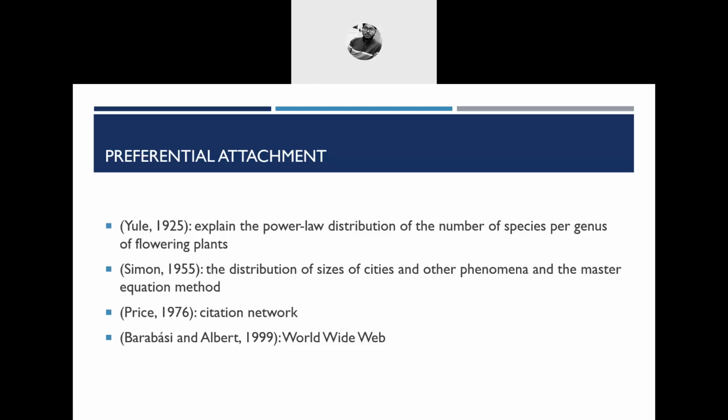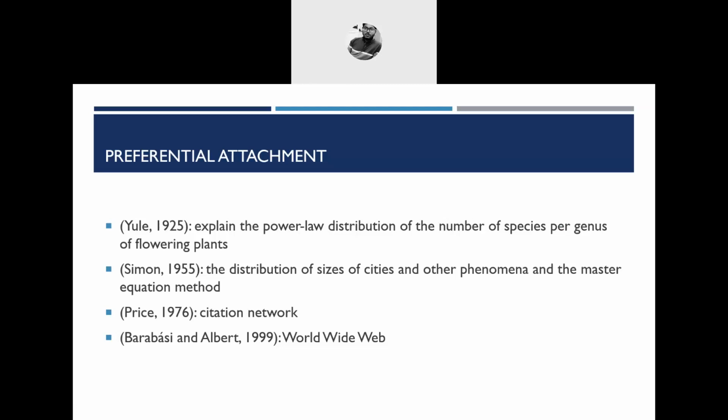Then it was studied by Simon in 1955, who worked on the citation network. But probably the biggest of the scientists who worked on citation networks was Jonathan Price in 1976, when the groundwork of the citation network was laid.